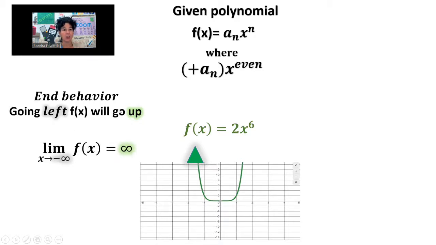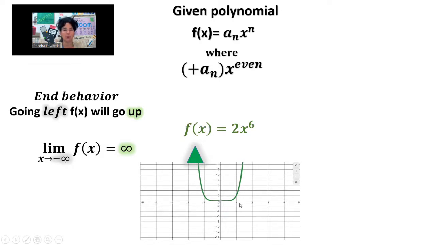I tried to color code this to help you with what matches. The limit as x approaches negative infinity means we're going left. Really what it also means is I am substituting in numbers for x into the function. And the numbers that I'm plugging in are numbers that are getting closer and closer to negative infinity.